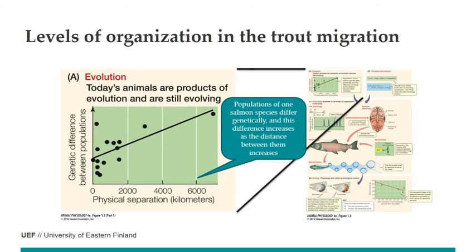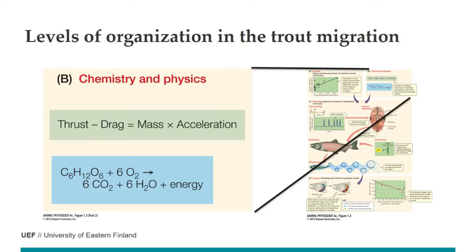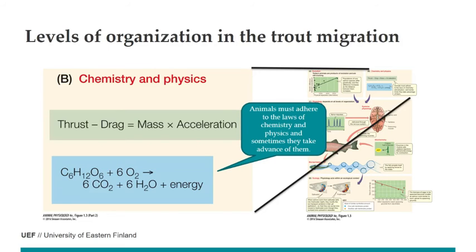Because they make offspring in the same place year after year, these populations are getting far from each other at the genetic level. Then we have chemistry and physics. We can't break the laws of chemistry or physics, but we can take advantage of them. If we have a little bit better enzymes to produce, for example, a little more energy or different kinds of end products in this energy production, we can survive.